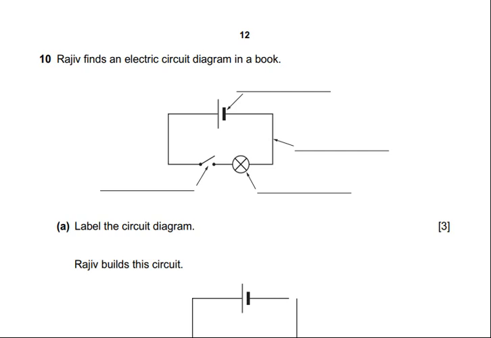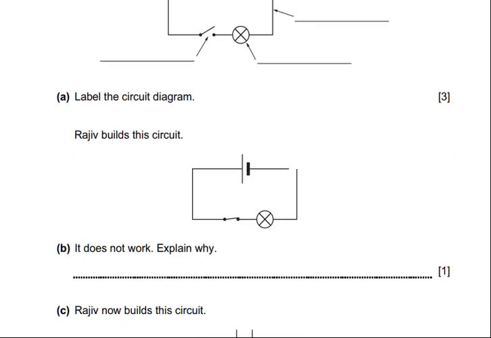You can write down one of them, cell or battery. The second one, wire, and here the circle with the cross in it is a lamp. And the last one, switch. Just write down switch, no need to say open switch or closed switch, just switch is enough.